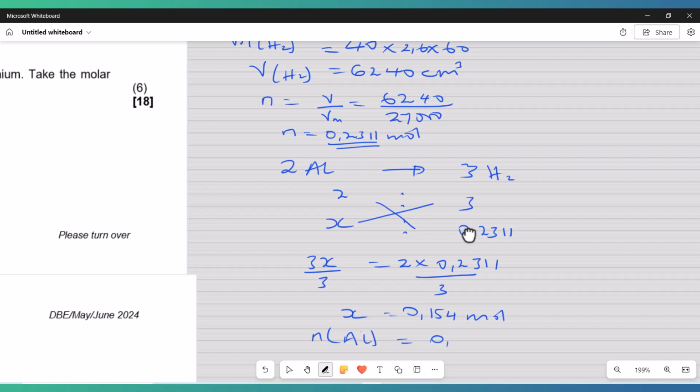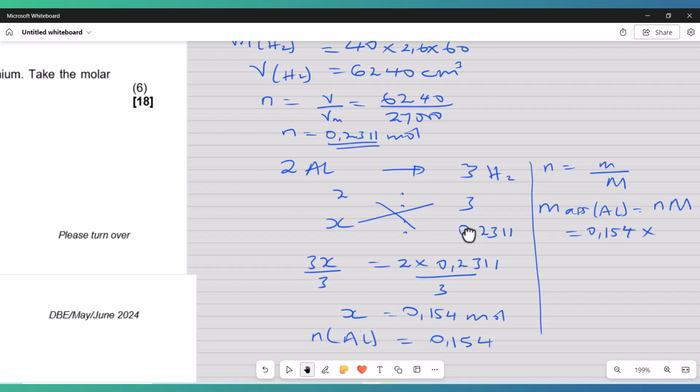What do we use as our formula, guys? You know that moles equals mass divided by molar mass. Therefore the mass of the pure aluminium which reacted is moles times molar mass. The moles here we have 0.154.